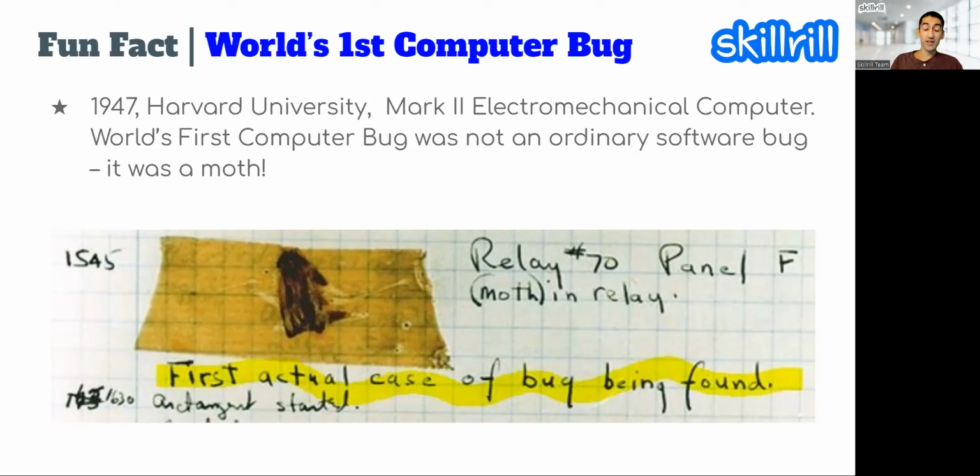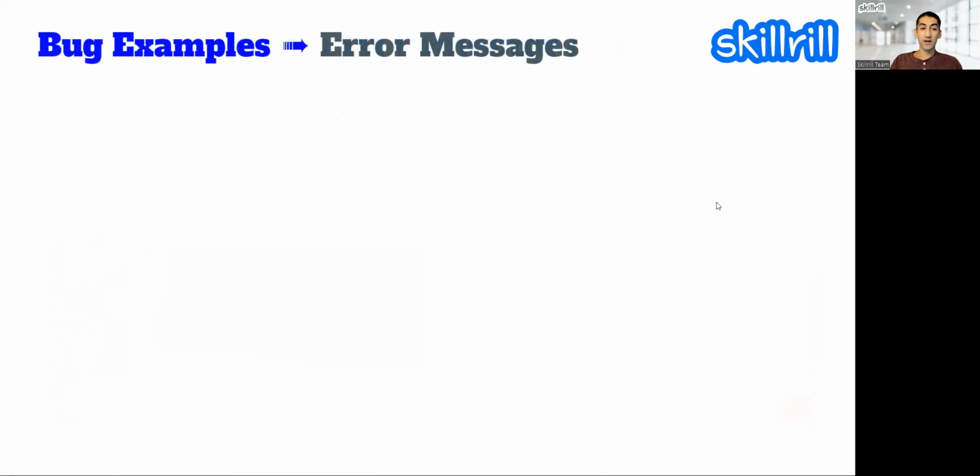What you're seeing here is a picture, which you can call evidence. As a software tester, whenever you find a defect, you will be taking evidence, a screenshot. So the snipping tool will be your friend all the time. This is actual evidence taken from the first computer bug. All right.